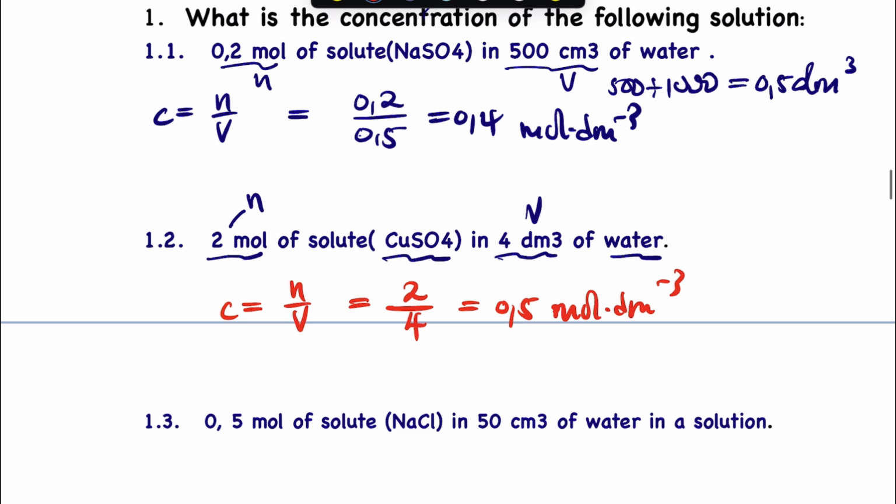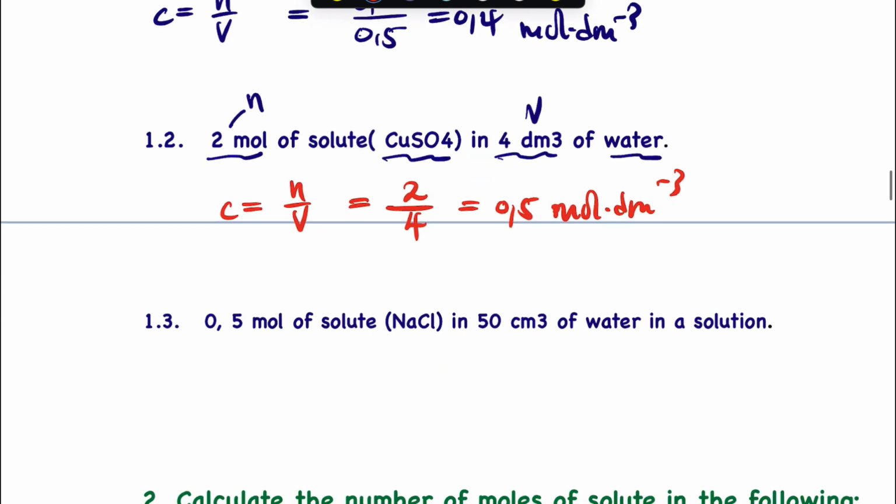And then 1.3 says 0.5 of sodium chloride, which is the number of moles there, and the volume is 50 cm3. We have to divide by 1000 there, so 50 divided by 1000 is going to be 0.05 dm3.